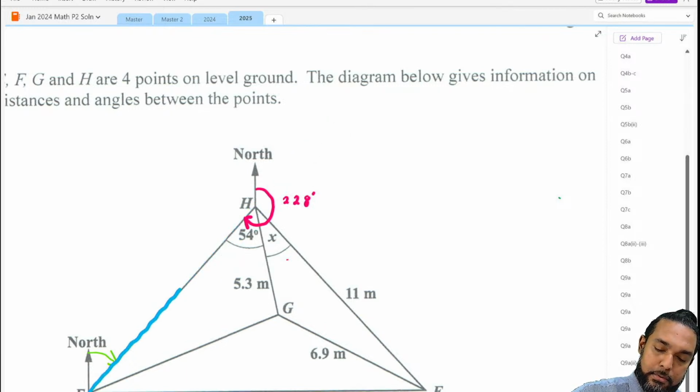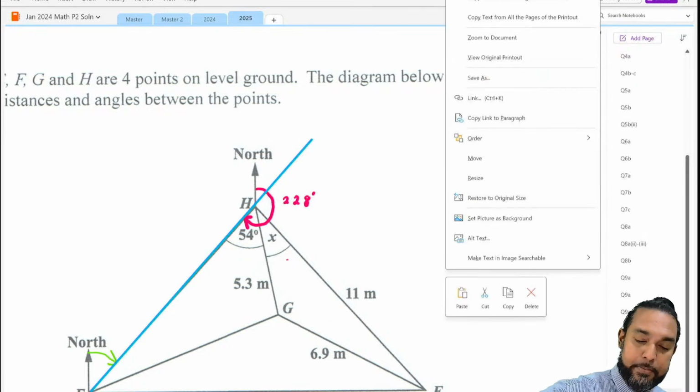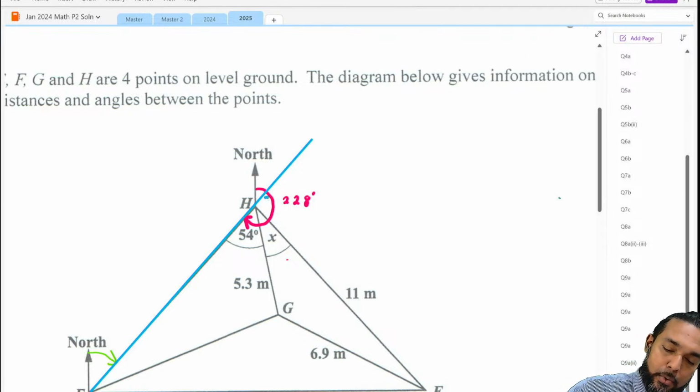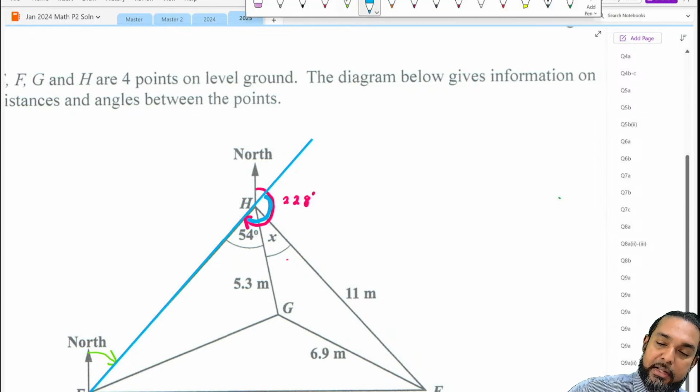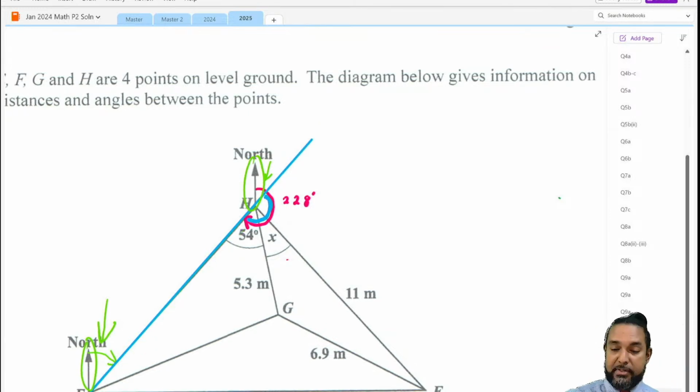What we will do is extend the line such that it cuts that initial pink bearing into 2 pieces. It cuts it into a 180 degree portion because that's the angle on a straight line, and then the remainder here we can find, and that remainder will correspond to the bearing down here, because again you have 2 parallel lines and the blue line cutting them, and that gives rise to F and Z angles.